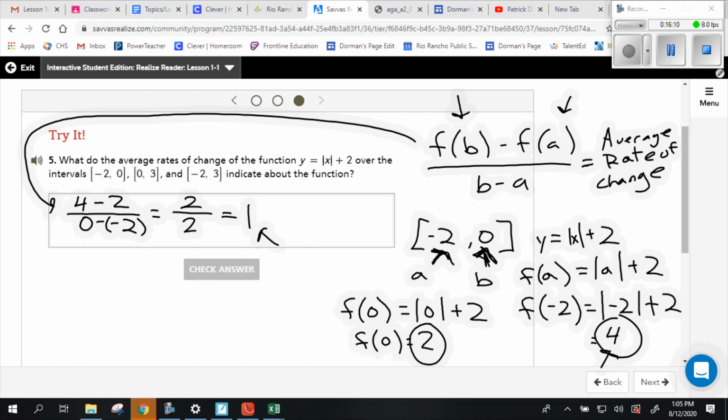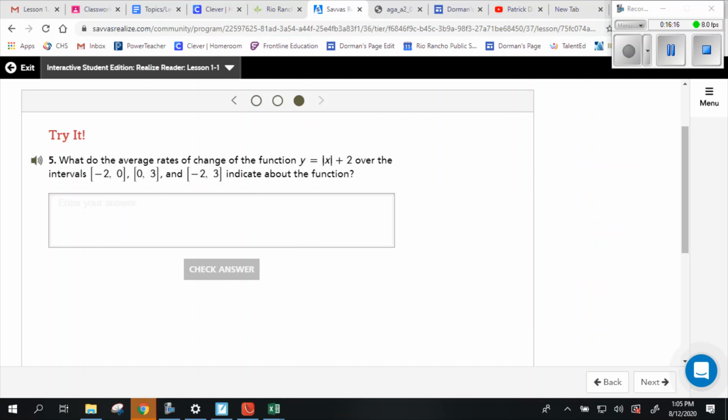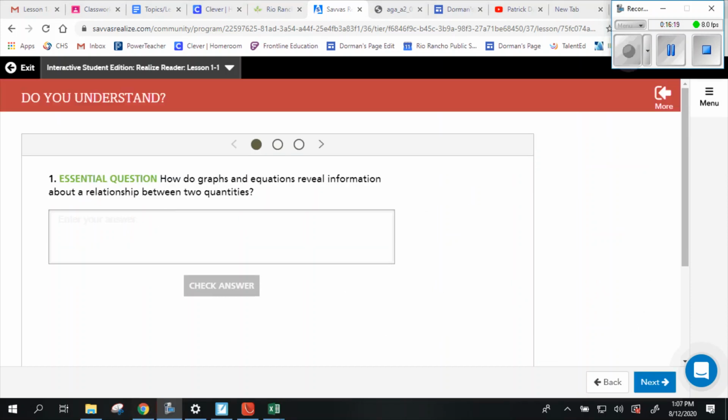All right, so let's bring it back full circle and answer our essential question. How do graphs and equations reveal information about our relationship between two quantities? Well, we can say where that relationship is positive. We can say where it's negative. What else did we learn? We learned about x and y intercepts.